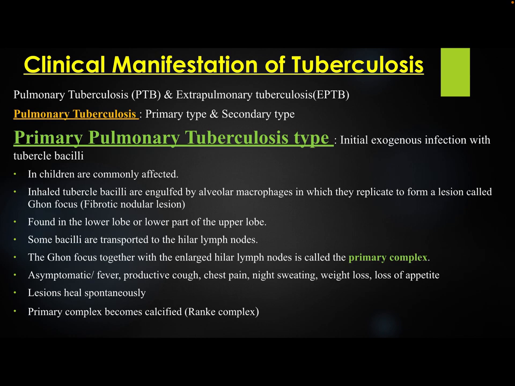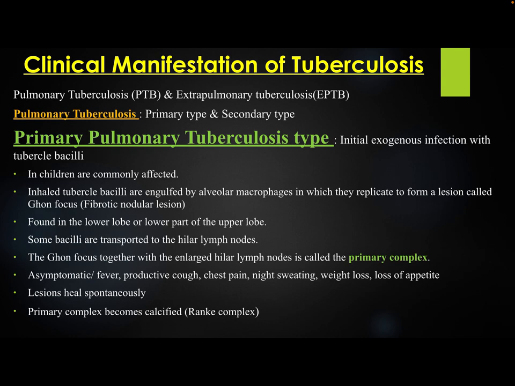Then in pathogenesis, the mode of transmission is by inhalation, ingestion and inoculation, and the source of infection is humans, and for humans the disease condition is pulmonary tuberculosis, and bovine tuberculosis is due to the consumption of unpasteurized milk.